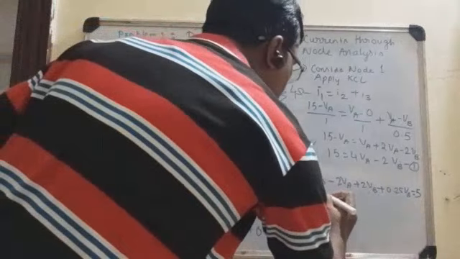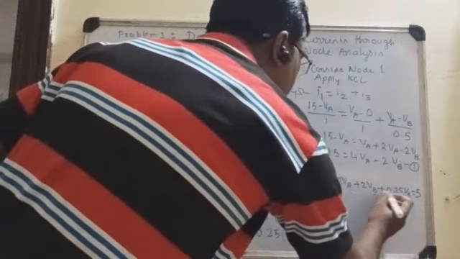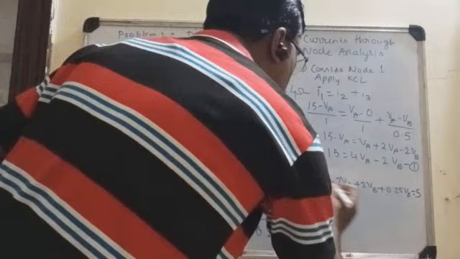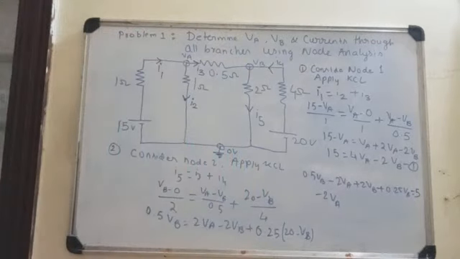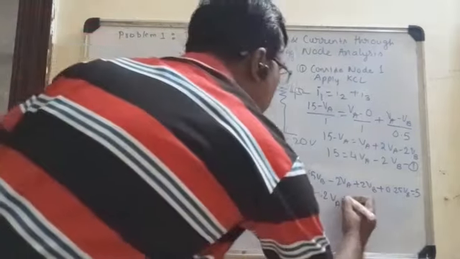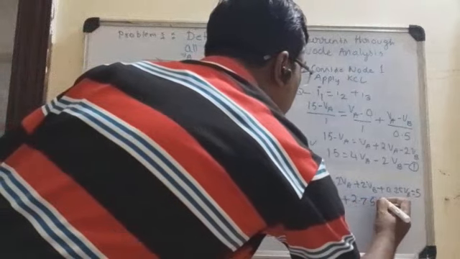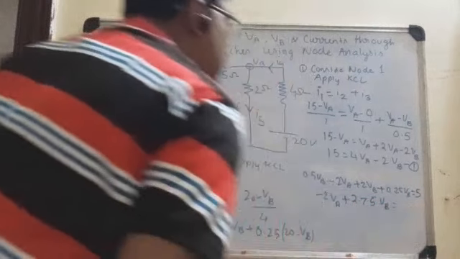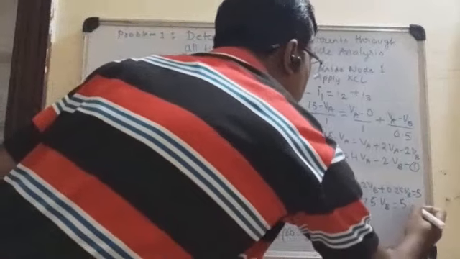So taking minus 2 VA, and VB terms 2 plus 0.25 plus 0.5, so plus 2.75 VB equals 5. This is the second equation.